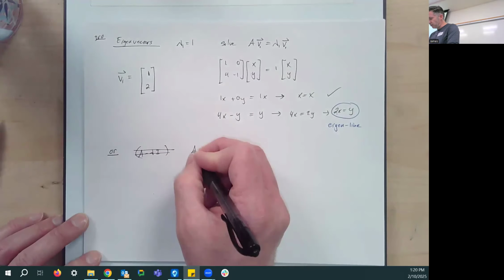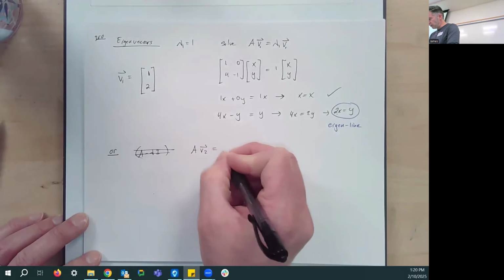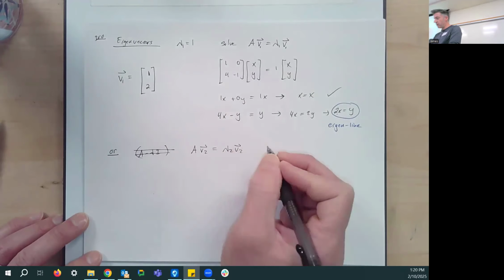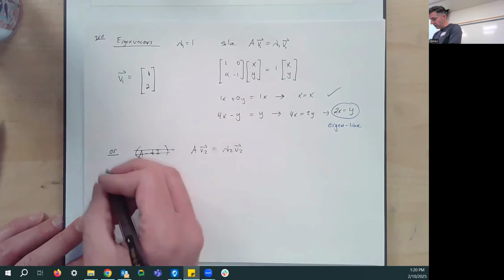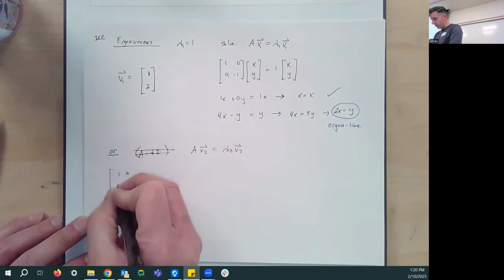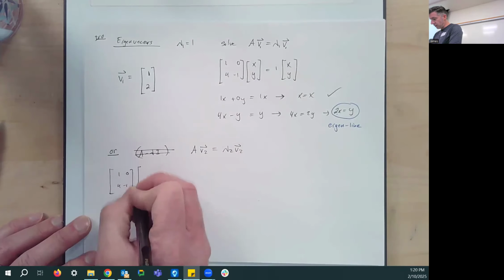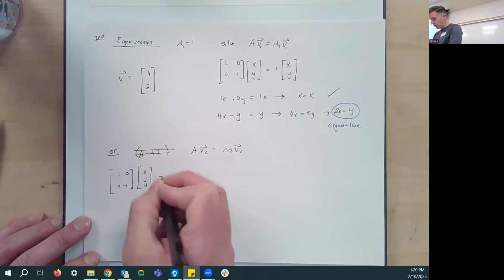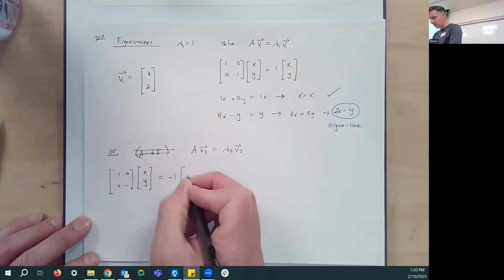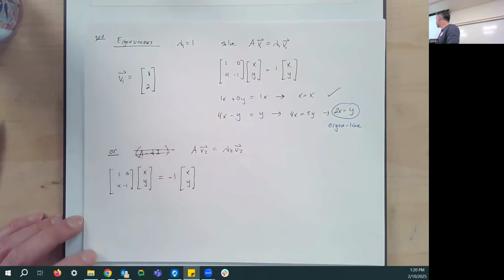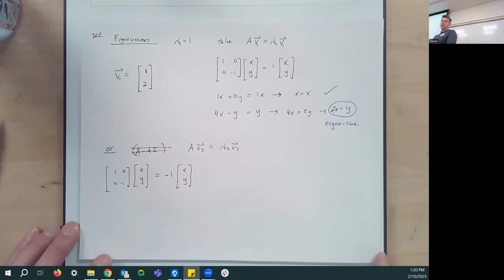It's going to do A times v2 equal to lambda 2 times v2. So if we do that here, it's going to be, again, [1, 0; 4, -1] times (x, y) equal to negative 1 times (x, y). This system of equations, after we do this first part, you might feel like we need the second equation, and it's actually not true.